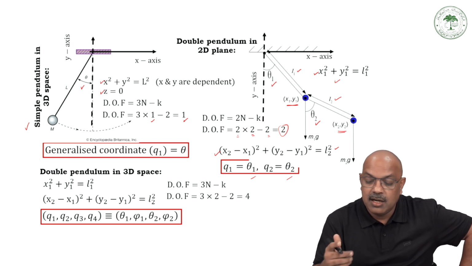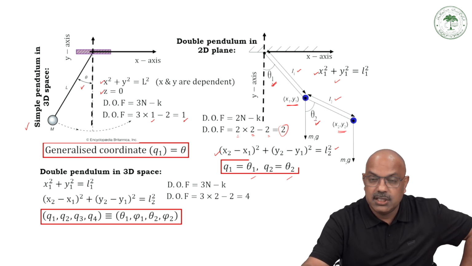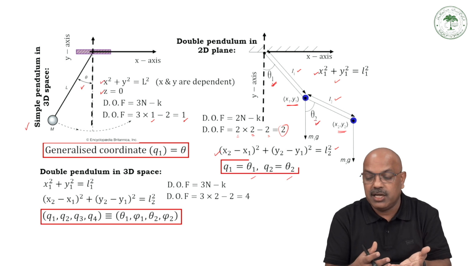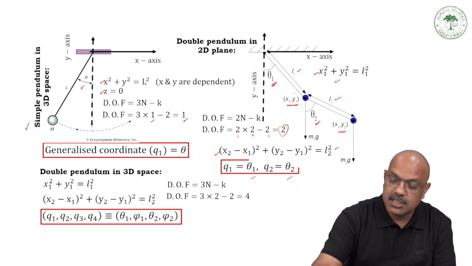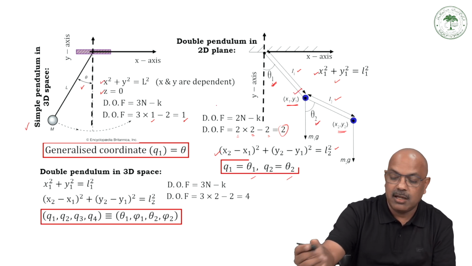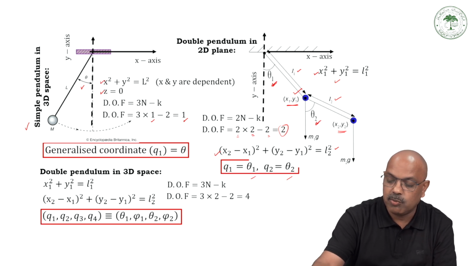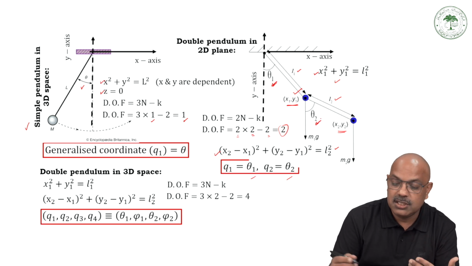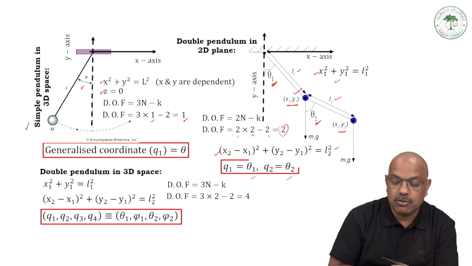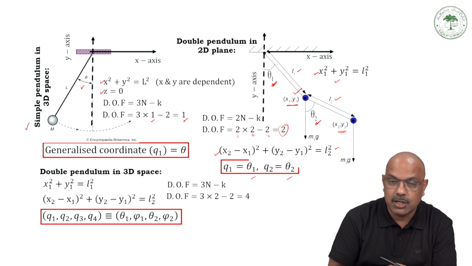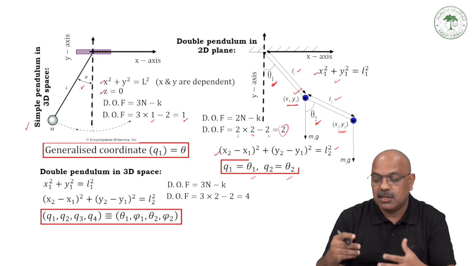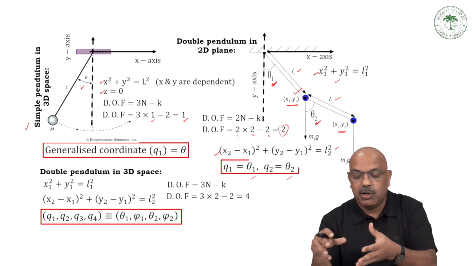These are my theta 1 and theta 2, because they are independent. One has a motion depending upon the angle theta 1, and the other depending upon the angle theta 2. So theta 1 and theta 2 are the generalized coordinates, which uniquely define the position of the first pendulum and the position of the second pendulum, which is attached to the first one.